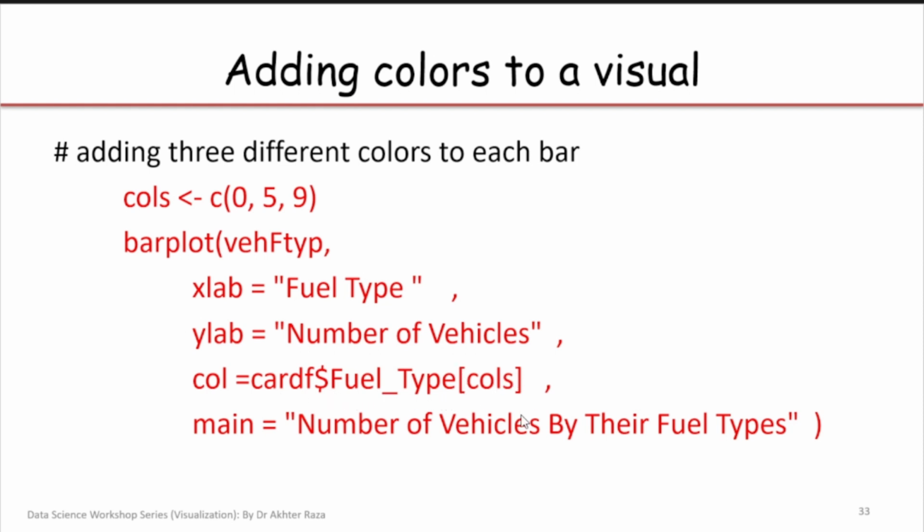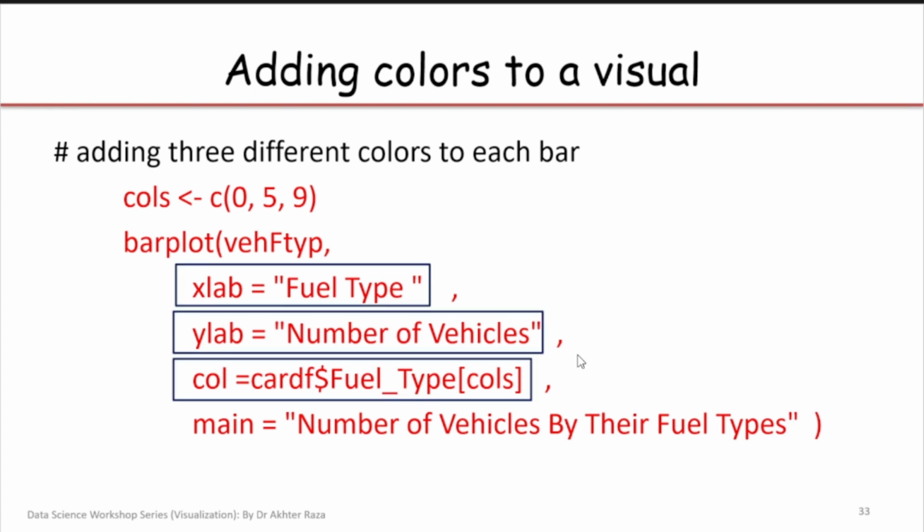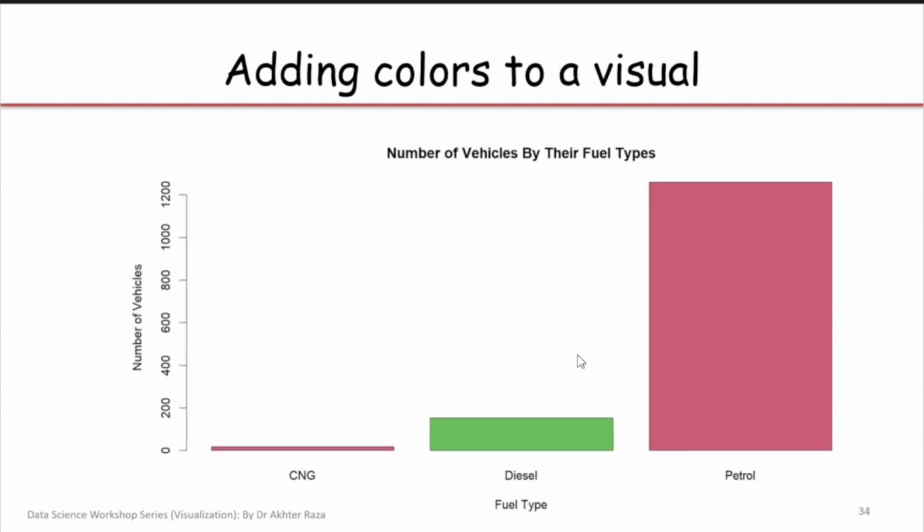In the square bracket I use these 3 elements: color 9, color 0, color 5. So 3 different colors will be used. It is a dynamic coloring, not a static coloring. The output is this: petrol cars are represented by one color, diesel by green, and CNG by another option.